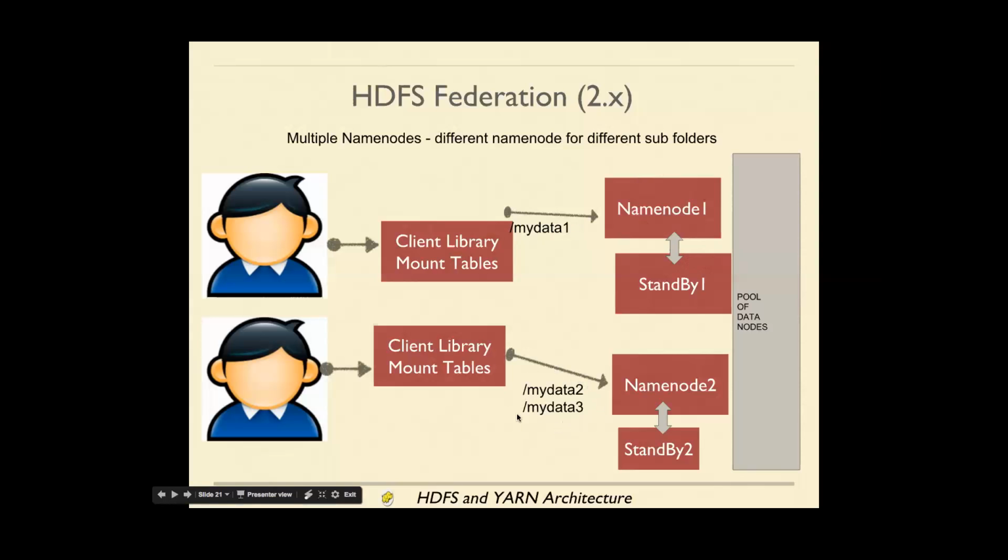Similarly, if another user is trying to access mydata2 and mydata3, then the request will go to name node 2. Of course, since it's a usual name node, it might have its own standby. Similarly, the second name node might also have its own standby.